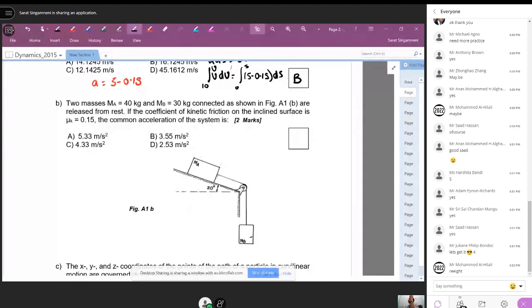What you need to do in this case is take the free body diagram of A and the free body diagram of B and apply the equation of motion for each of them individually.